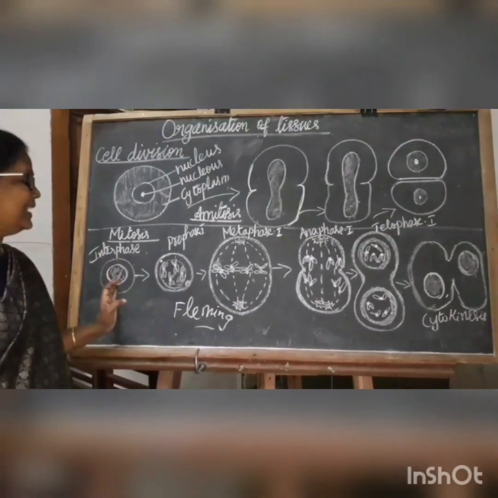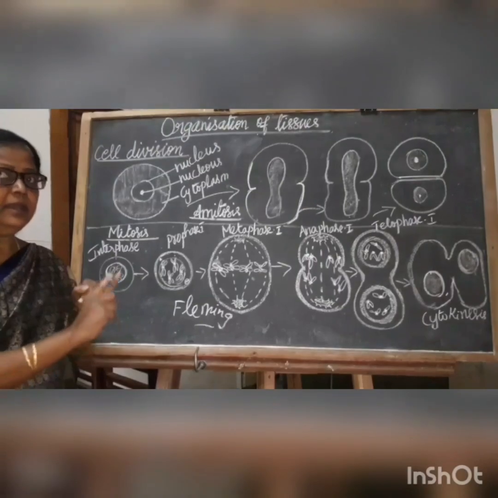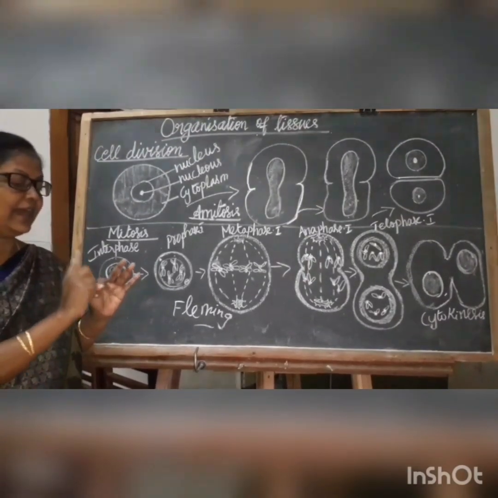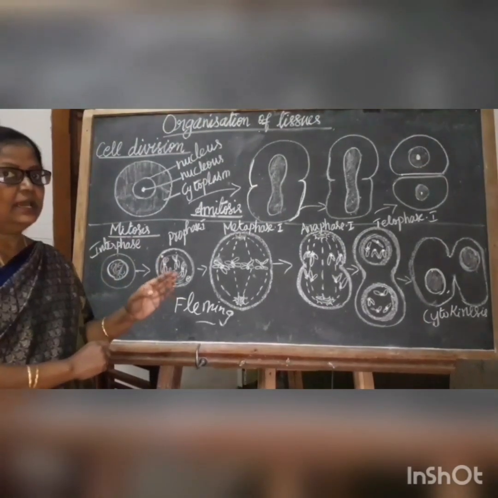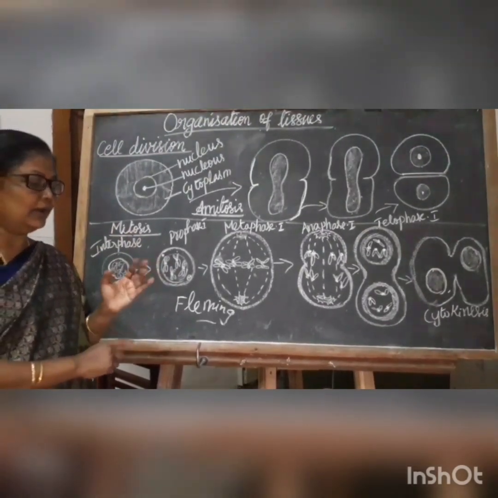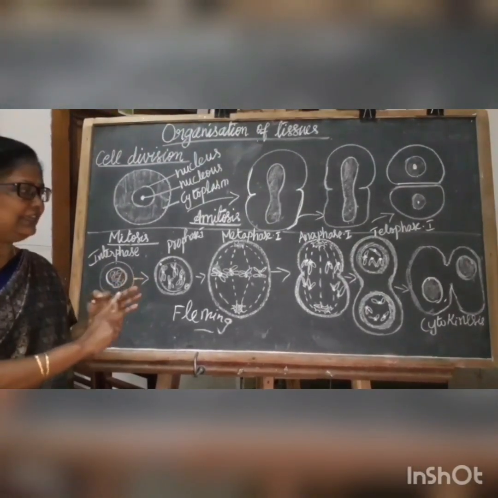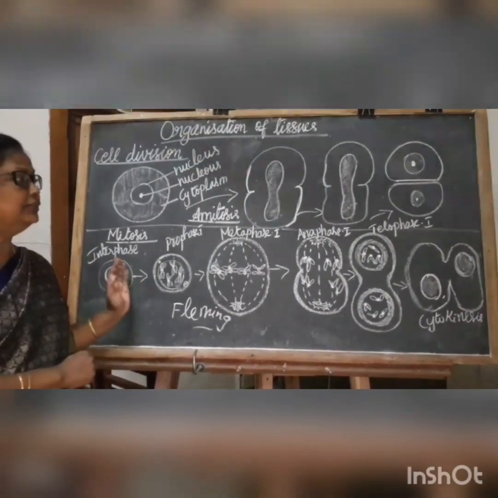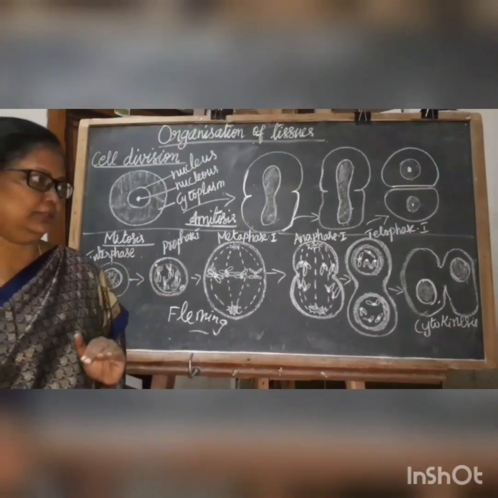The nucleus will have the same amount of DNA, chromosomes and genes. So the two daughter cells will have the same amount of DNA, chromosomes and genes as the parent. So this process is also called equational division.